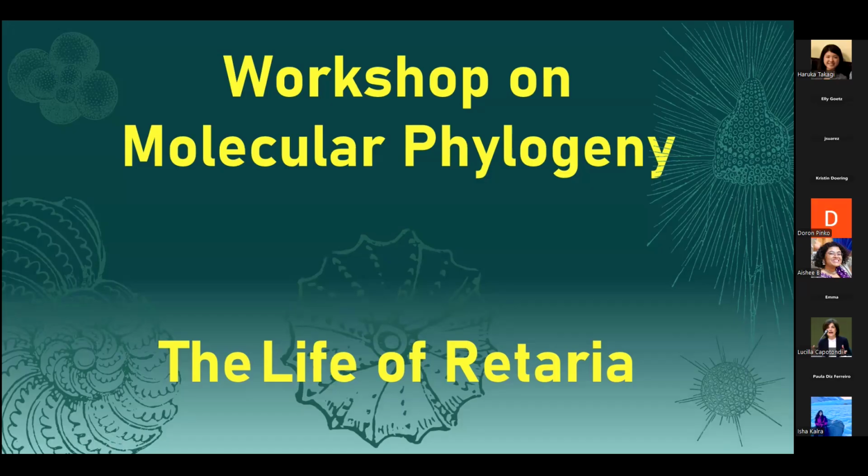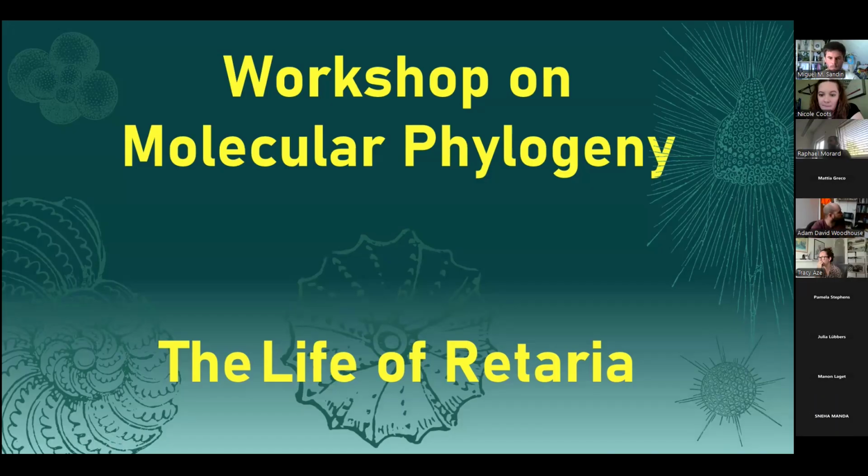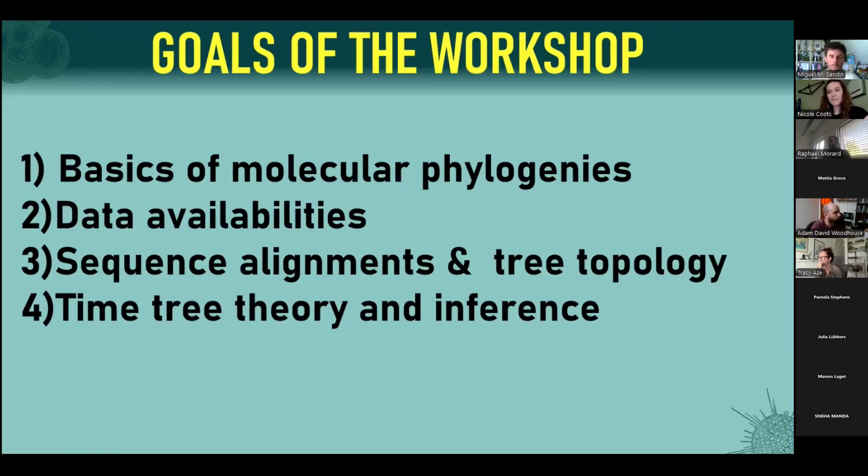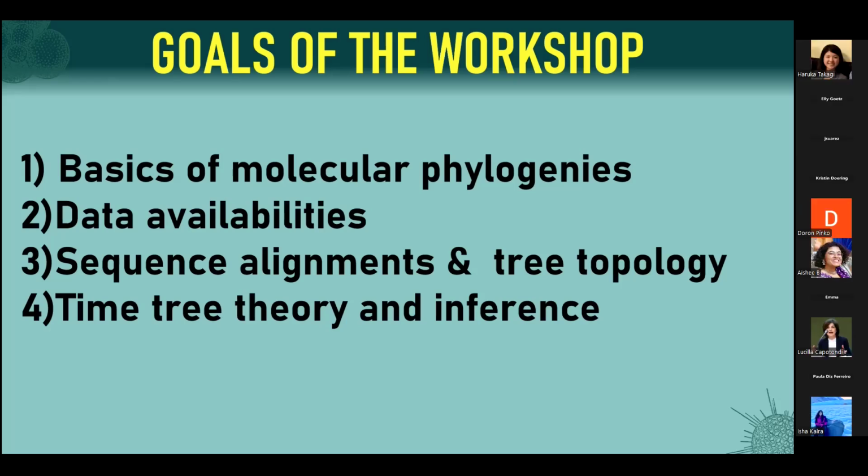So the goal for today is that we are going to try, in under 1 hour, to go through these points: to present you the most fundamental basics of molecular phylogenies, not really on how it is made, but how you can do it on your own. And for that, we are going to go through four parts.